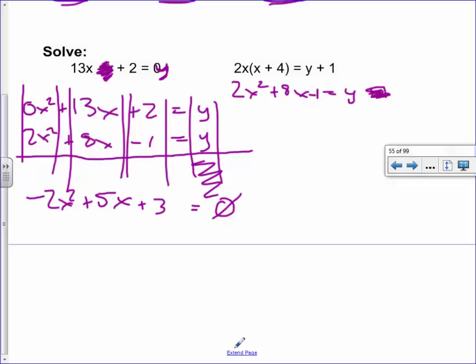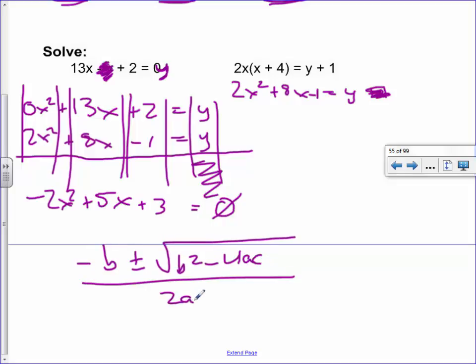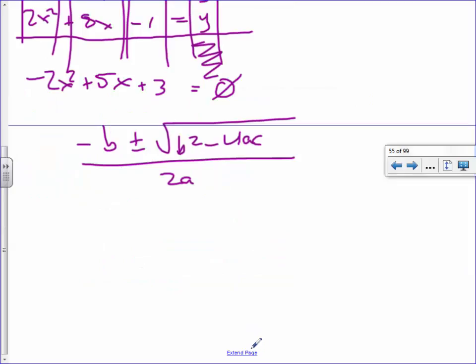So we now need to choose some sort of method of solving this quadratic. How about the quadratic formula? That's a good idea. So, negative b plus or minus the square root of b squared minus 4ac all over 2a. Let's start plugging in some numbers. Okay, so the b value is the one in front of x, so that's 5.